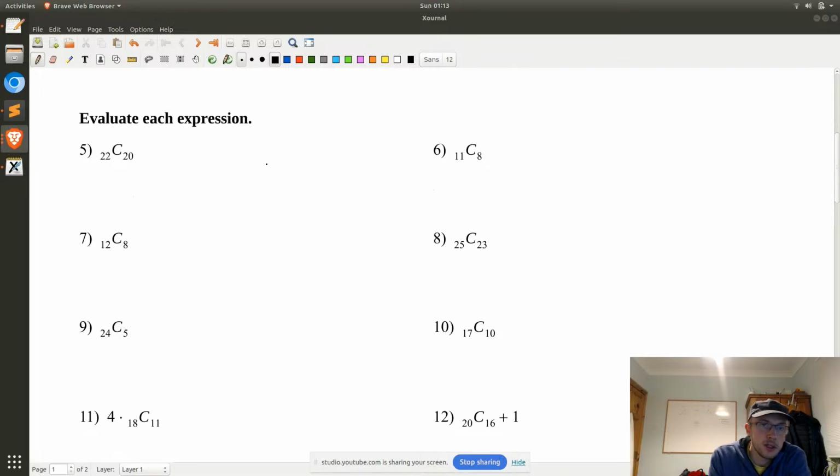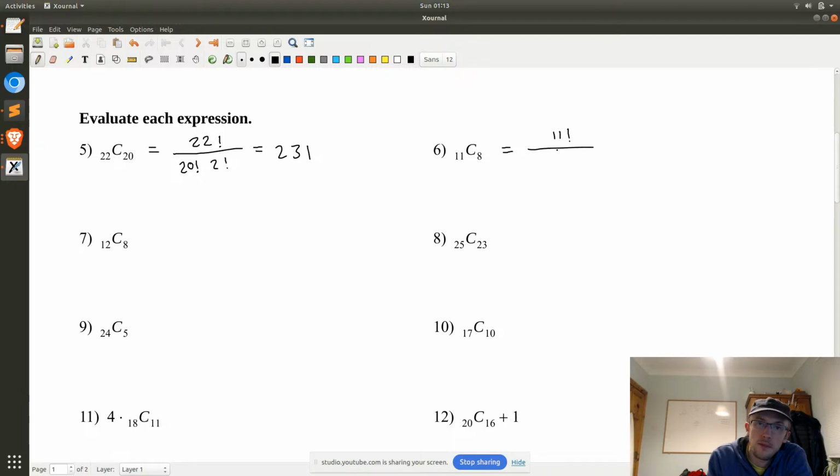So evaluating each expression. So this is 21 times 22 over 2, so that's 21 times 11, which is 231. 11 factorial over 8 factorial, 3 factorial, which is 11 times 10 times 9 over 3 factorial.